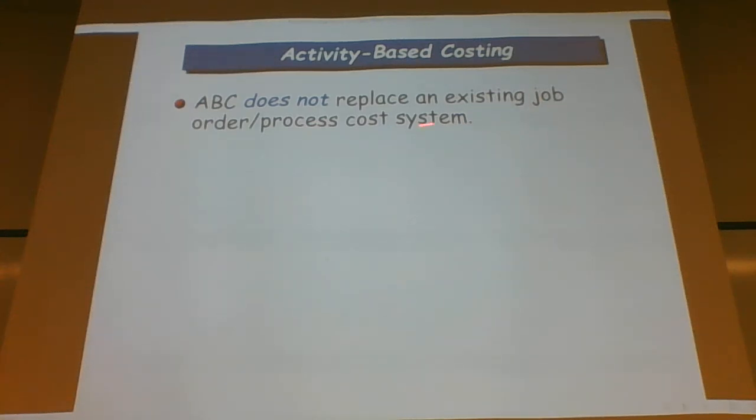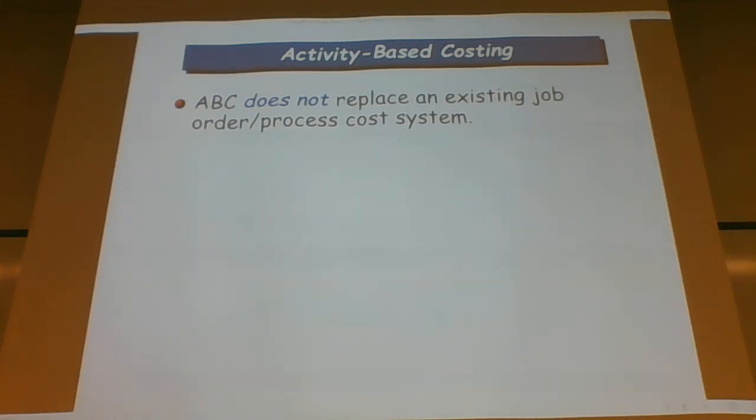But with both the job order costing and process costing system, we still have all of the same elements involved. Our factory overhead is going to be our factory overhead.